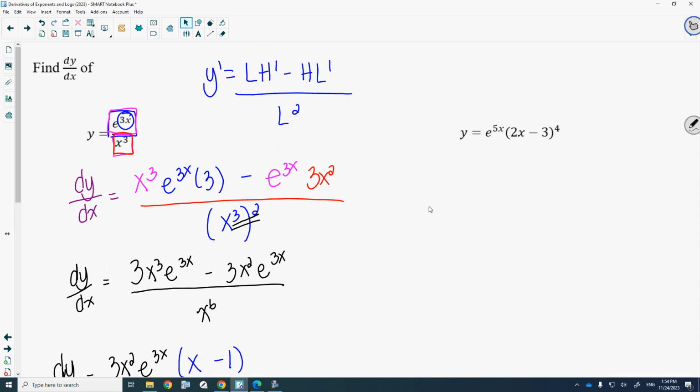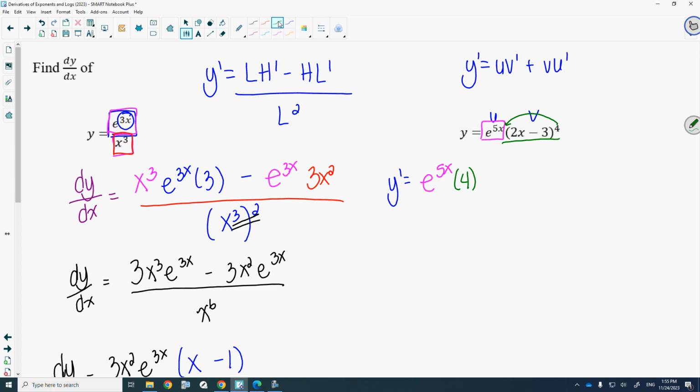Okay, let's look at this question. This is going to start as a product law question, so this is going to start as u v prime plus v u prime. Now v prime, taking the derivative, is going to be a chain rule question.